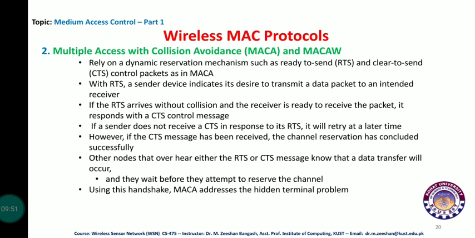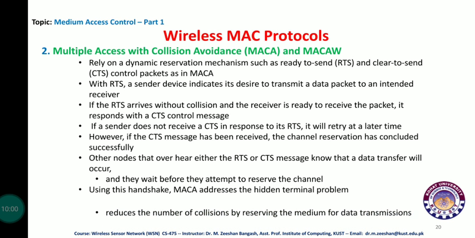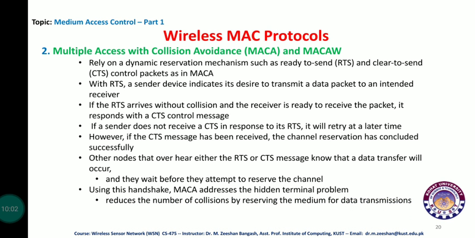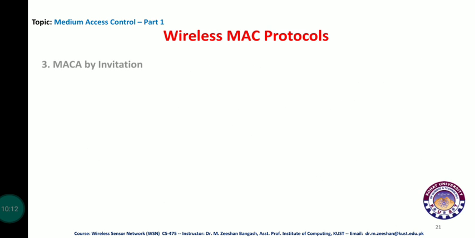So using this RTS and CTS handshake, MACA addresses the challenge of the hidden terminal problem, and it reduces collisions by reserving the medium for data transmission through this handshake.